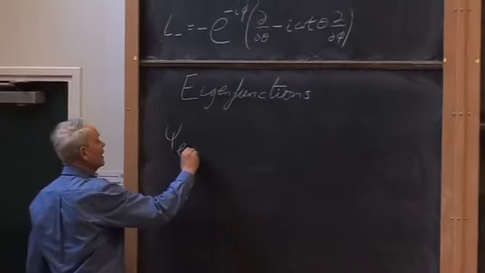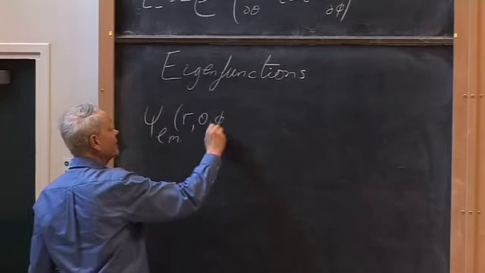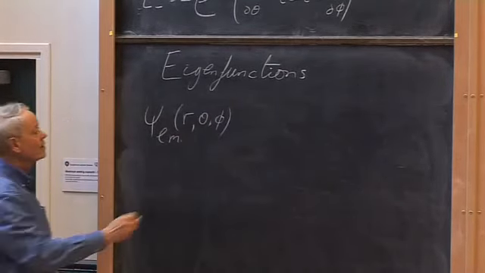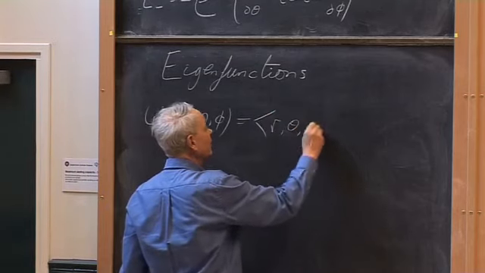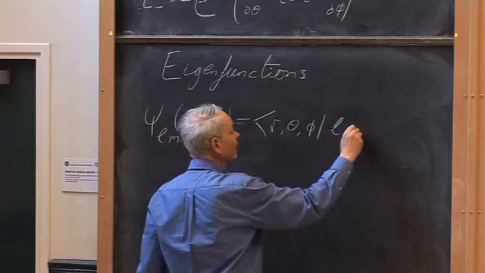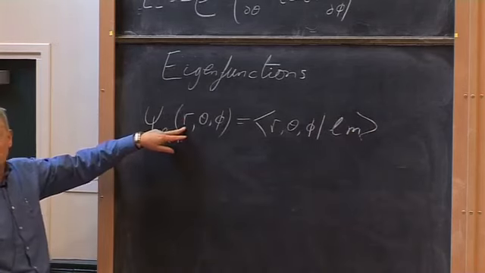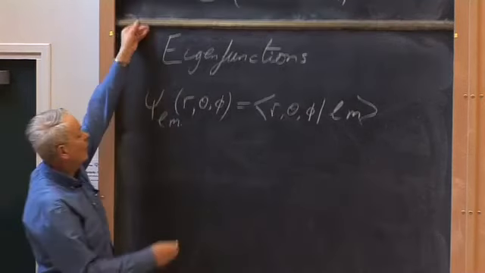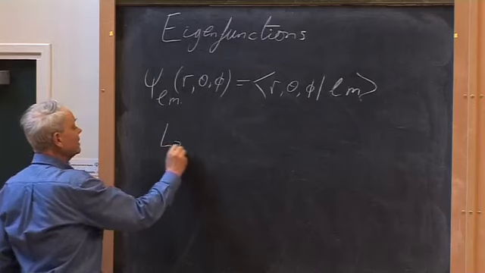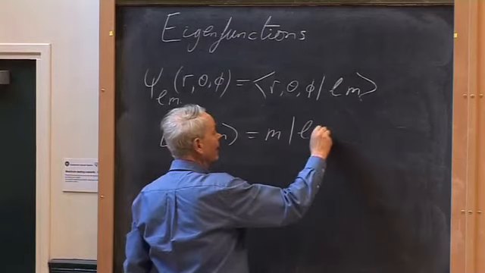Let's call it psi_lm. This will be some function of r, theta, and phi, because we're looking at this in spherical polar coordinates. Now, the radial dependence of this wave function is going to be completely unspecified, because all we're going to require is that L_z on psi_lm is equal to m psi_lm.